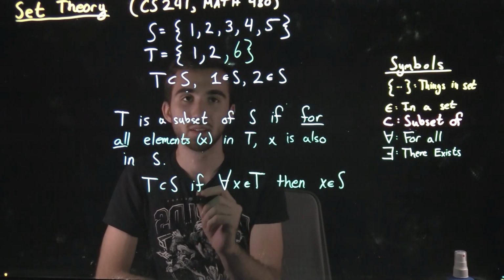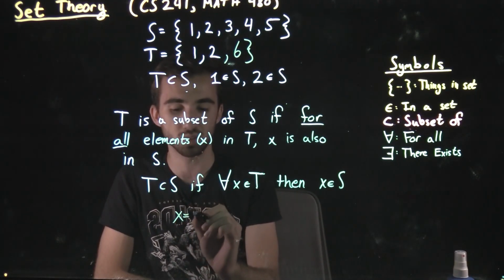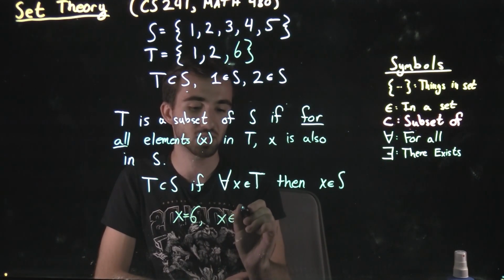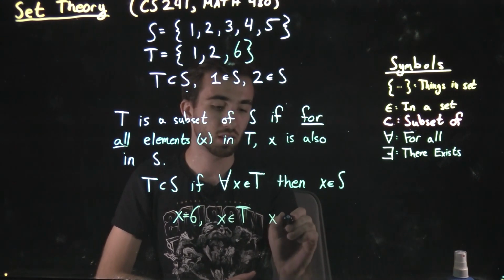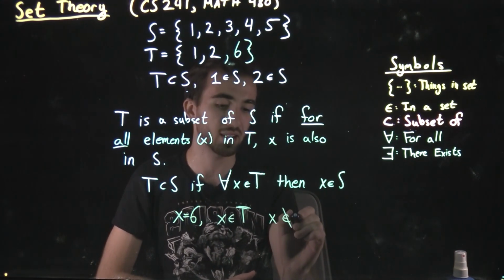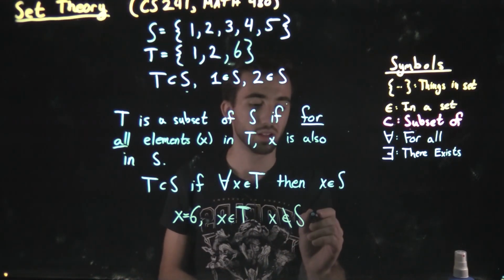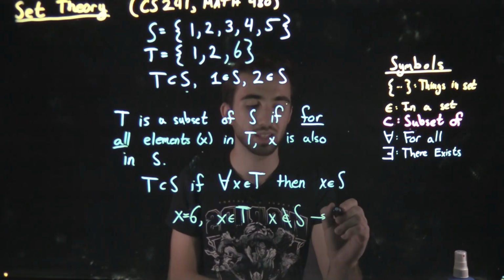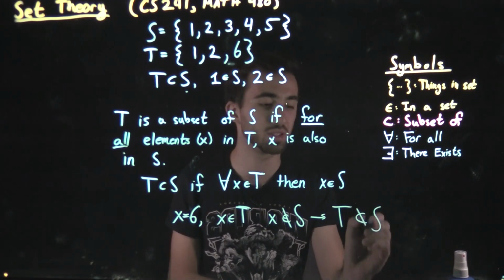So then, we now have an X, when X equals 6, we have an X that is inside of T, but X is not inside of S. So this means not inside of. That means that, and if we draw a little arrow to show our logic, that means that T is not a subset of S.